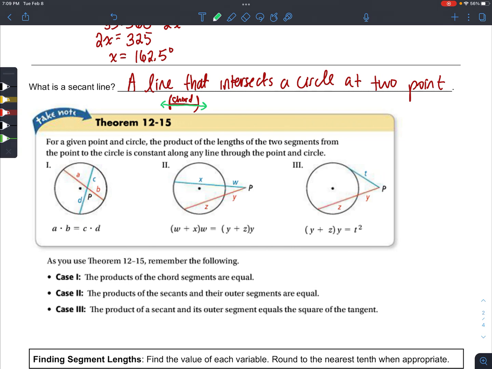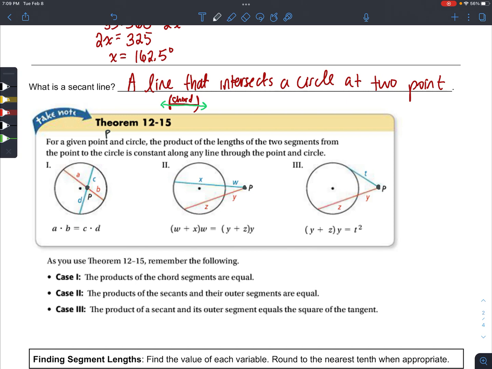So let me read what the theorem says, and we're not going to prove it, but let's just read what it says. It says, from a given point, P, they're talking about P here. So P is right here, P is right here, P is right here.